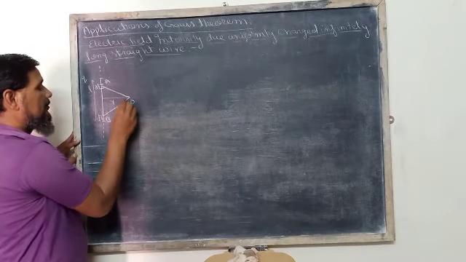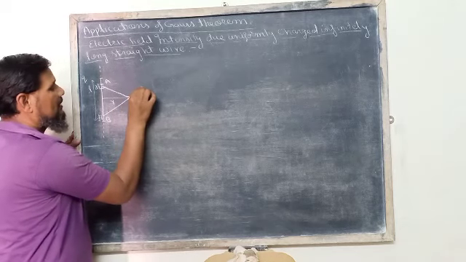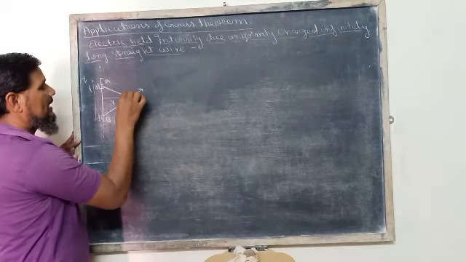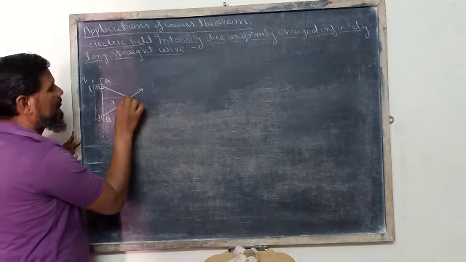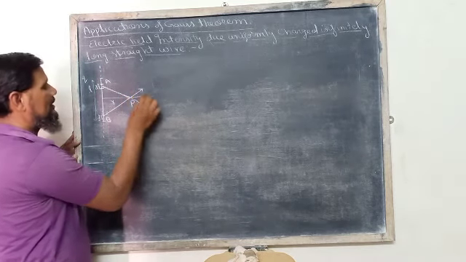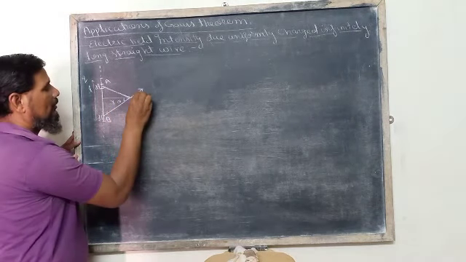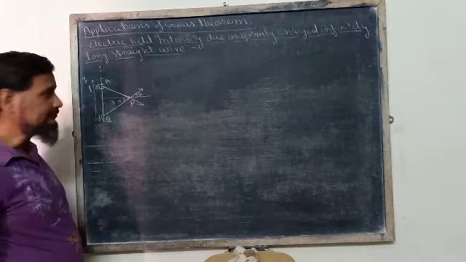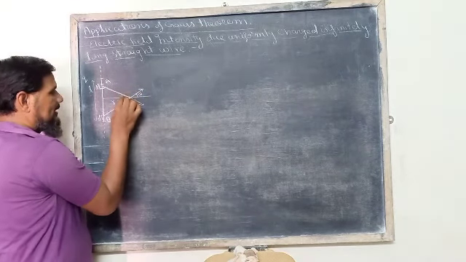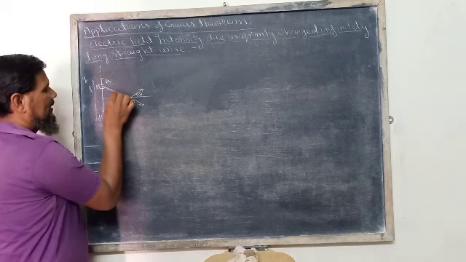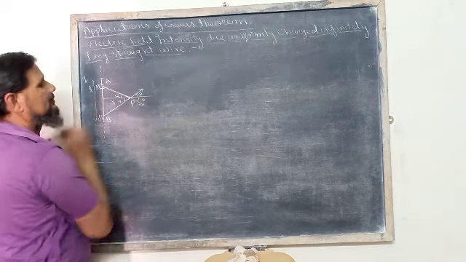Now for the electric field intensity, first of all we calculate its direction. So we produce this. If this angle is theta, then this angle will also be theta, because alternate angles and vertically opposite angles are equal.